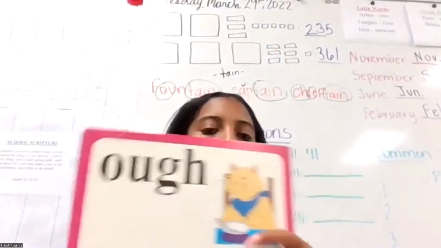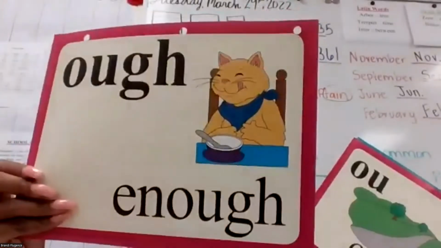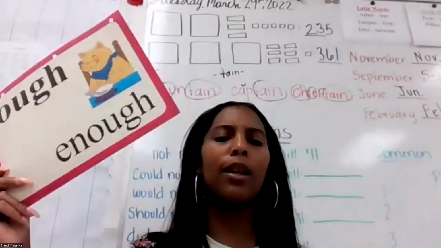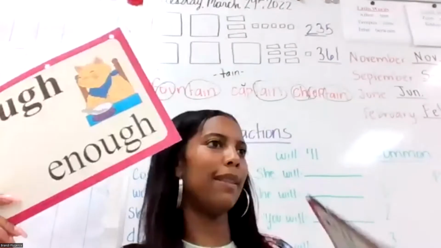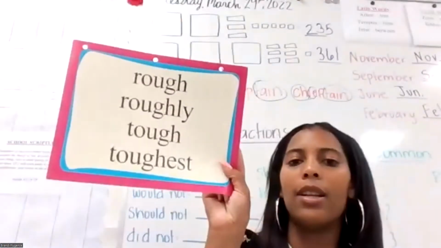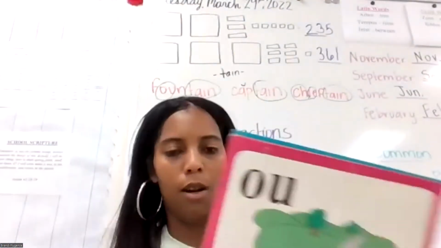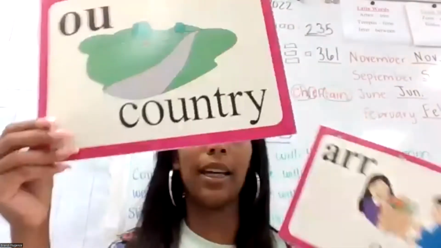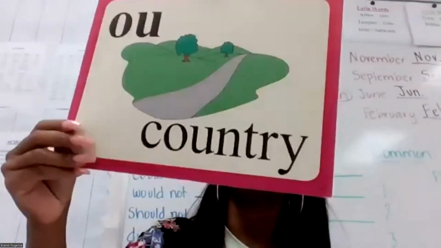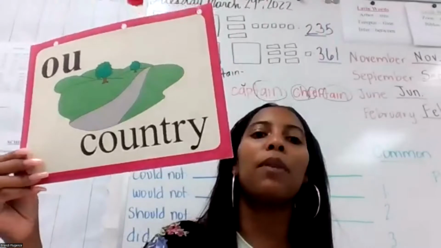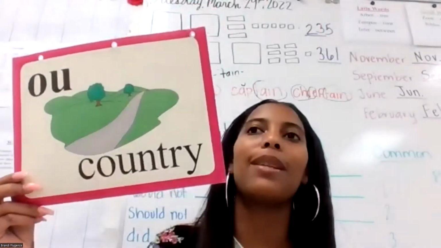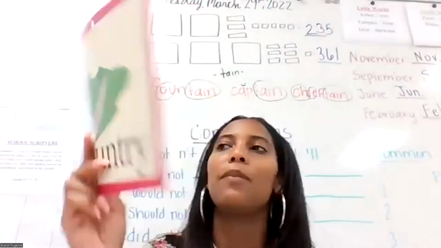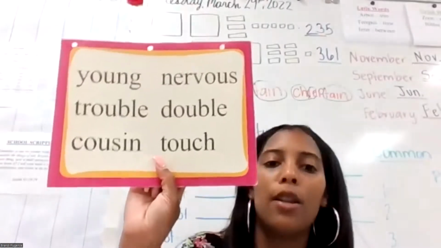OUGH says uh like in enough. Okay, when someone is strong and they can handle a lot, they are tough. OU says uh like in country. Okay, sometimes when you're about to talk in front of people or stand on stage, your stomach feels funny. It's because you're nervous.